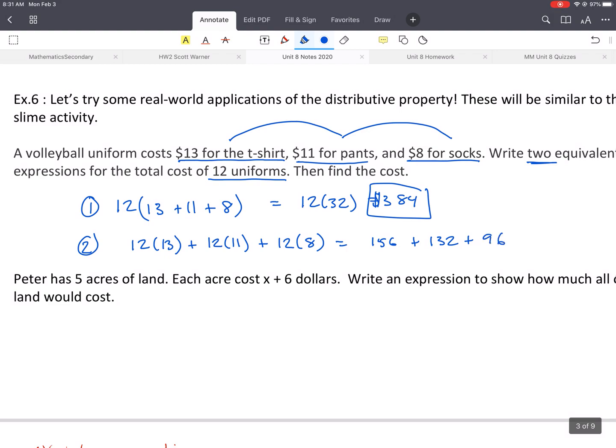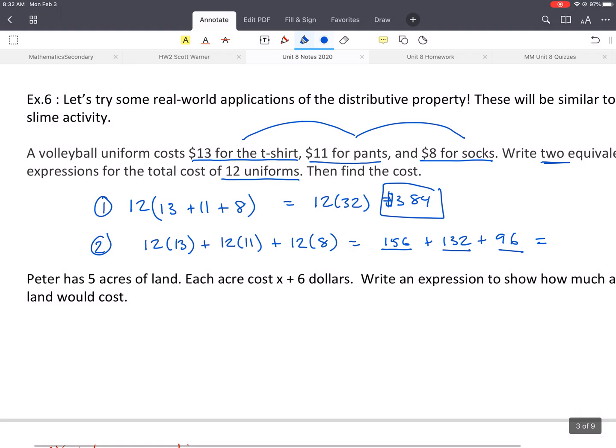So either way, they're both good, but this will tell us the total cost for the t-shirts, the total cost for the pants, and the total cost for the socks. That's what's right here. And then we can just add those together. 156 plus 132 plus 96 gives you the same thing, $384.